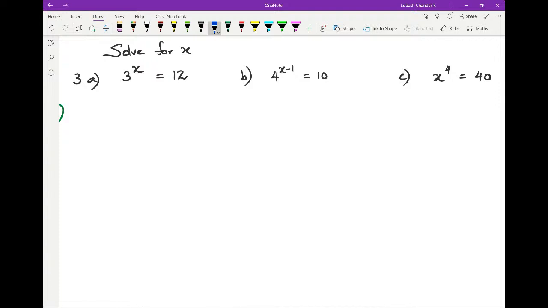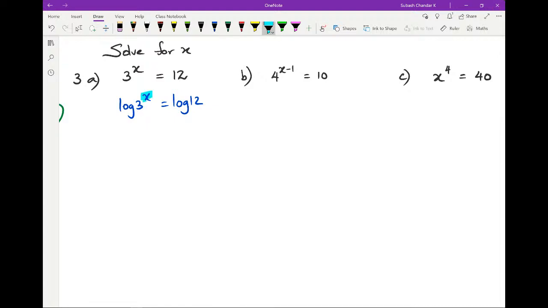Because look, you've just done the hardest excellence question. I'm sure you guys can put this in logs. Yes, you do need to use the calculator for this, Micah. There's actually no way to do this without the calculator. But the way to do this is we're going to take logs for both sides. So we're going to get x log 3 equals log 12. And then remember what we just learned.